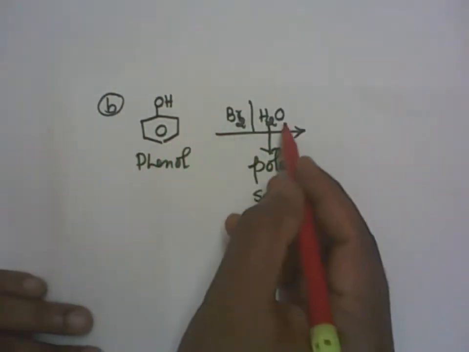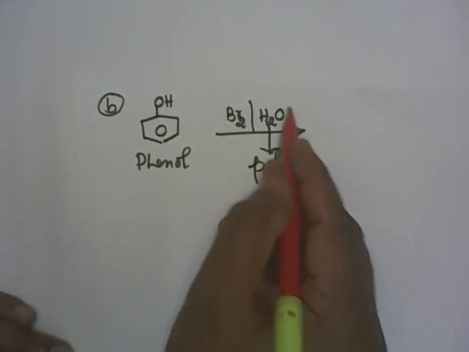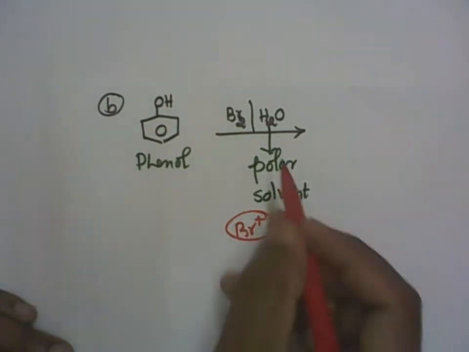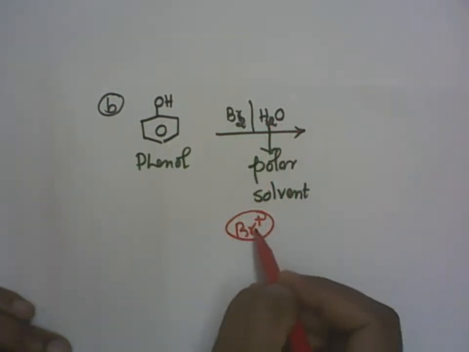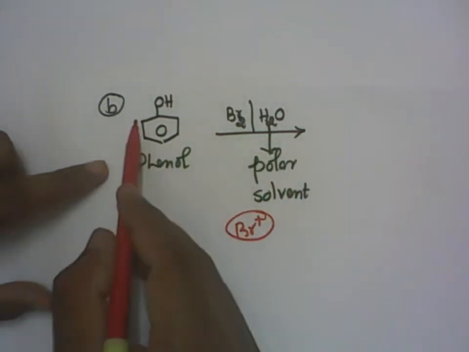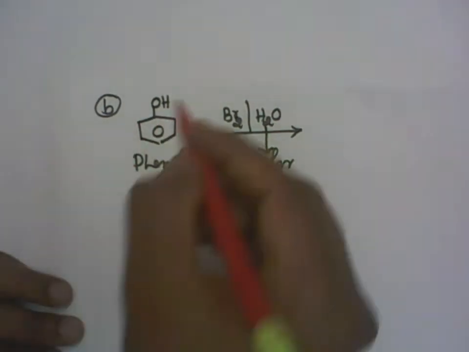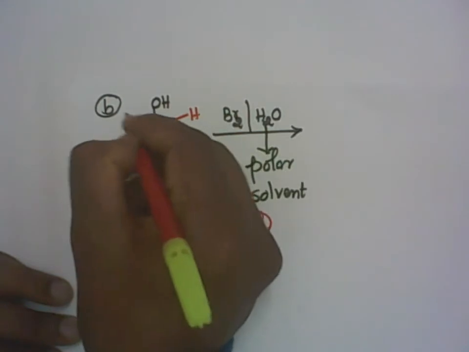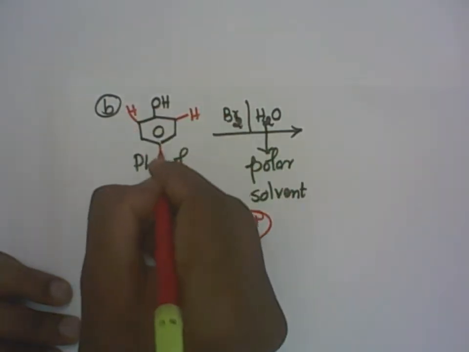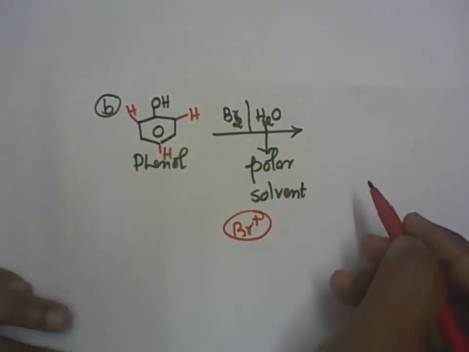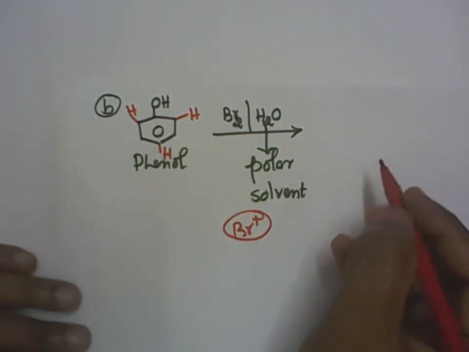Now what will happen is that it will produce more Br plus easily. A polar solvent produces more Br plus. Therefore, it easily attacks both the ortho positions and the para position. So the hydrogens on both ortho positions and the para position are removed, and we get a tri-substituted product.